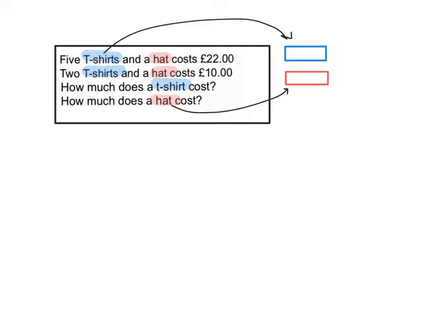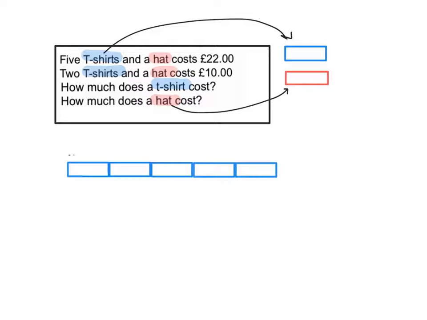Okay, so it says that 5 t-shirts, so I need to pick 5, so there's 1, 2, 3, 4, and 5.